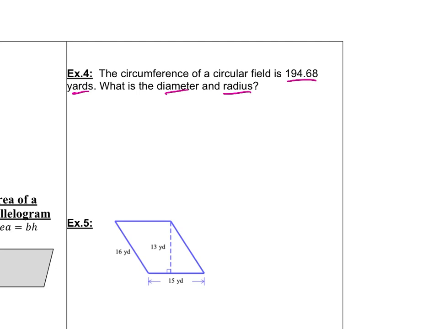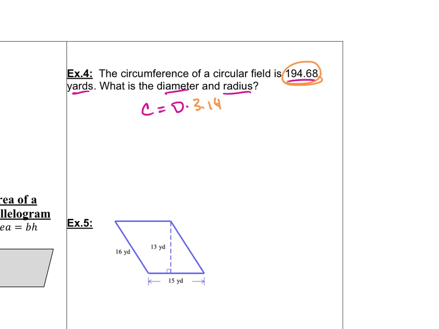That means we're going to have to solve an equation. So we first would set it up and say, we know the circumference equals the diameter times 3.14. And we know that the circumference is 194.68.